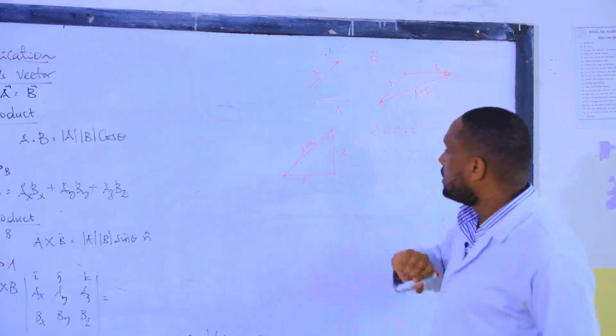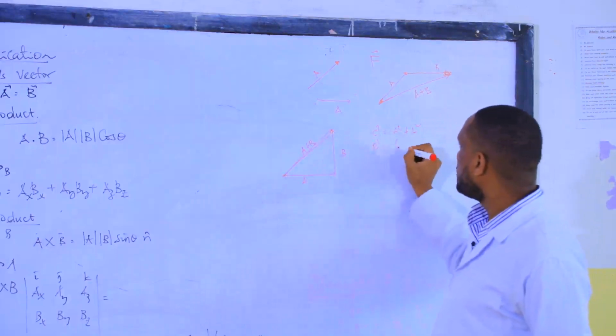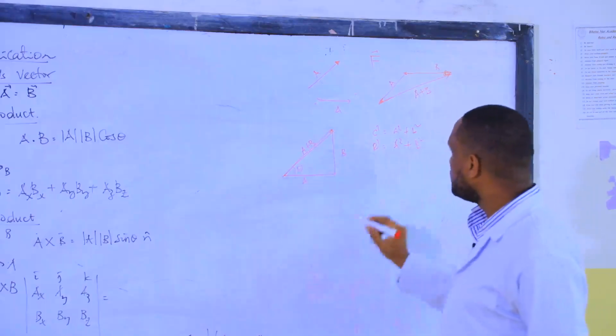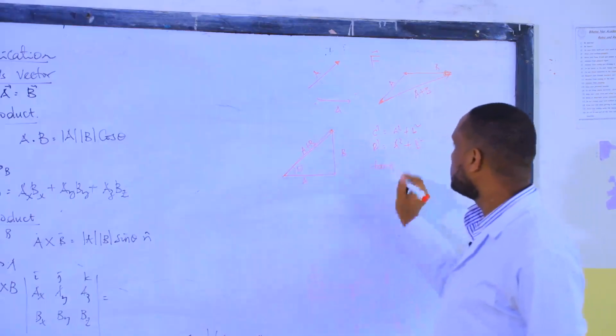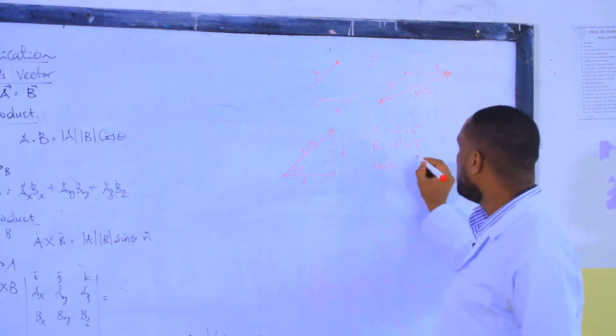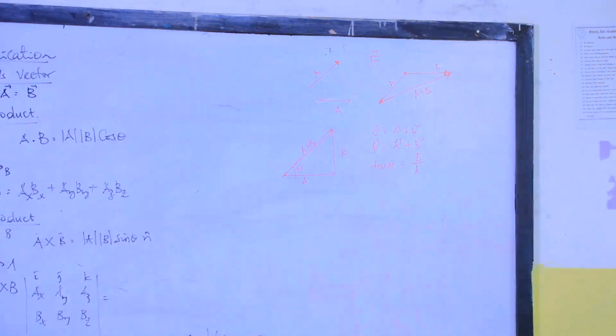So the resultant vector A plus B, or R squared, is equal to A squared plus B squared. And if this is theta, then we can determine the value of theta using one of the three trigonometric functions, like tan theta is equal to opposite over adjacent, B over A. So with the help of Pythagoras theorem and trigonometry, we can find the resultant of two vectors.